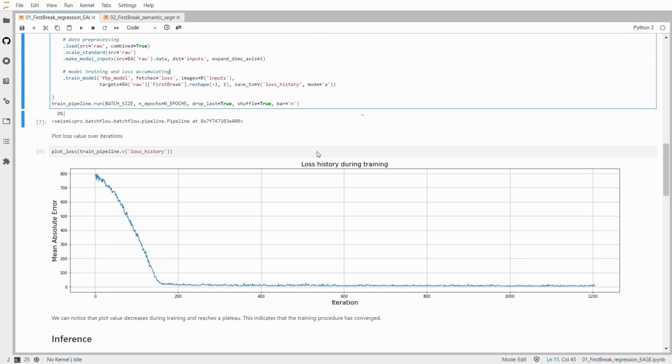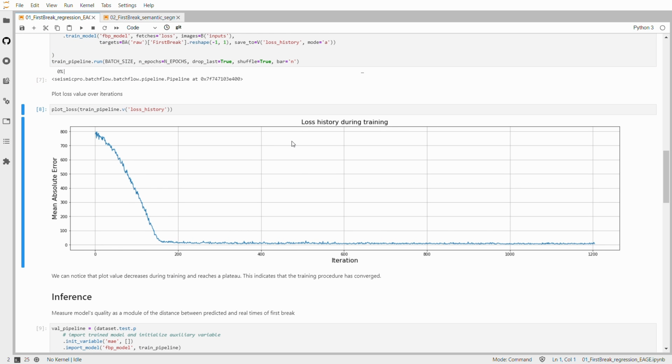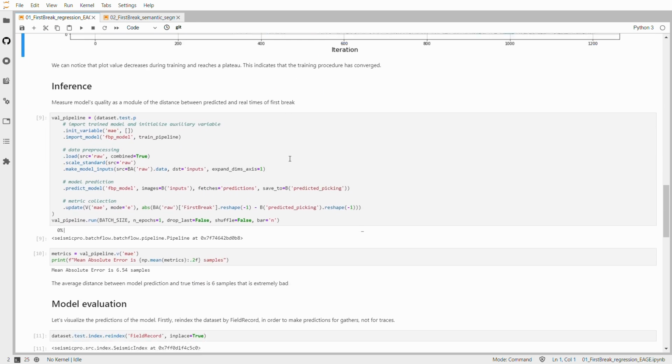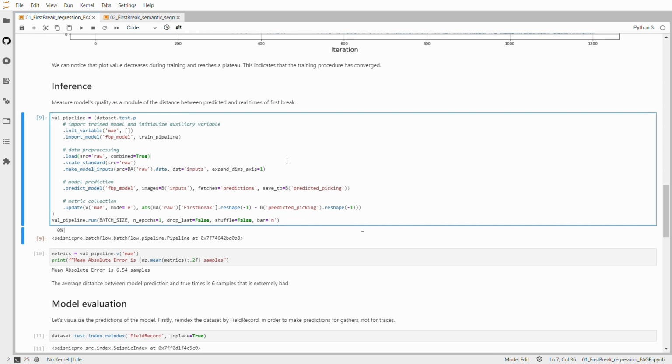Now let's train the model and assess the results. The cell below shows how the loss value decreases during the training and eventually reaches a plateau, meaning that the training procedure has converged. The next step is to measure the model's quality on the test set. To do so, we construct a pipeline that is almost identical to the training one.